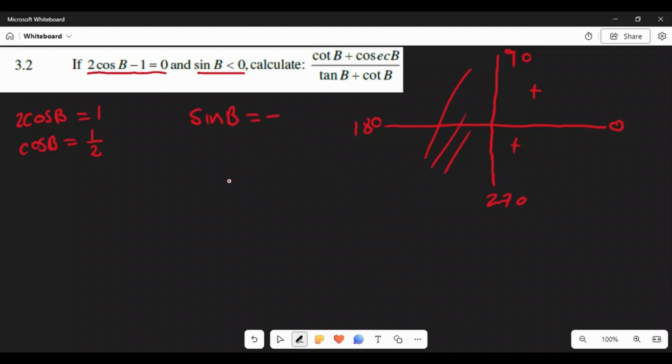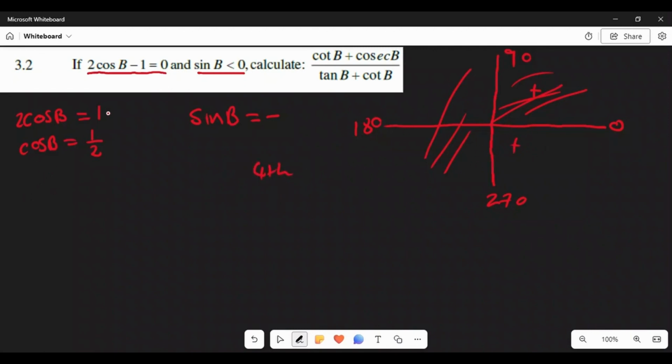So when you look at this quadrant, we have the first quadrant, the second quadrant, sine is positive, but the third one is being scratched out. So we're gonna do the calculations here. So to clarify everything, we're gonna do the calculation on the fourth quadrant, right? So whatever we'll be doing here, it's on the fourth quadrant.